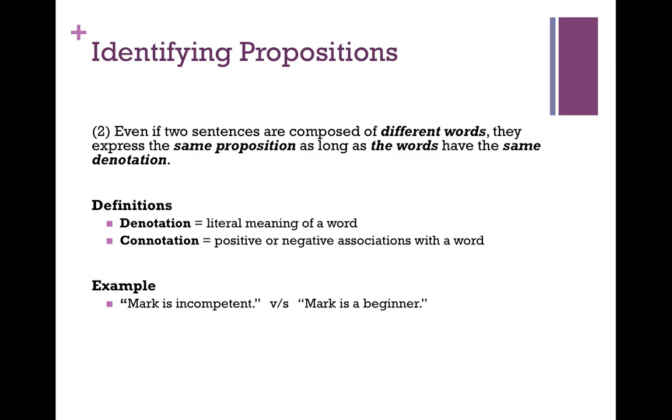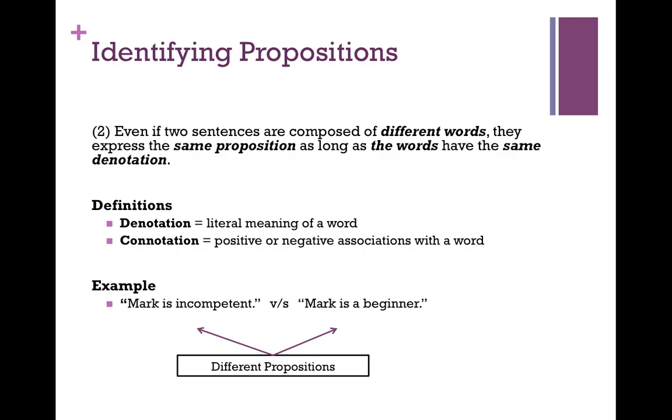But to describe someone as incompetent, it means that someone is not only not good, they're subpar for what they're doing. And people can be incompetent and have been doing something for a long period of time. These words don't have the same meaning. And so in this case, we actually have two different propositions being expressed.